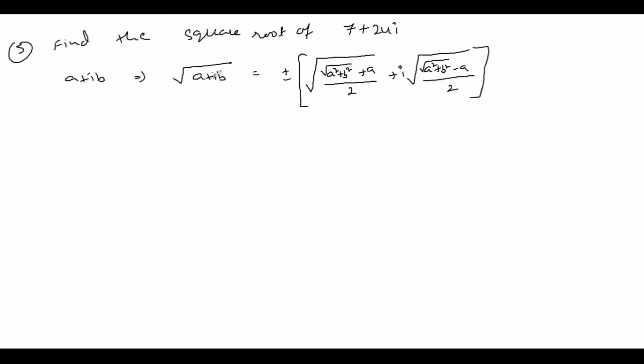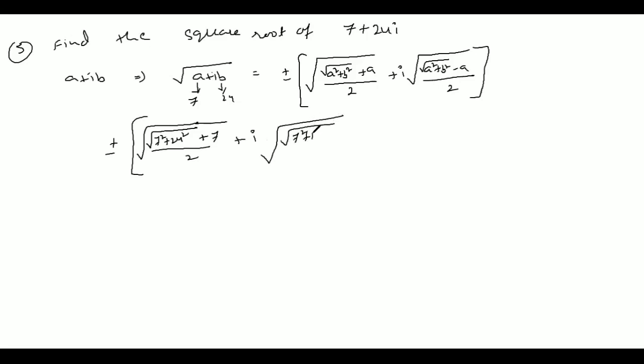Here a equals 7 and b equals 24. When you substitute these two values in this formula, we will get the answer. Plus or minus root over 7 square plus 24 square plus 7 by 2, plus i into root over 7 square plus 24 square minus 7 by 2.